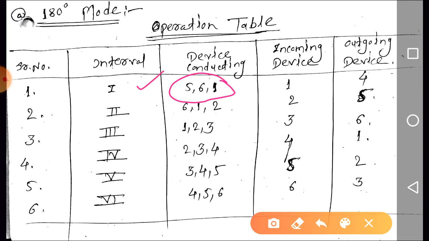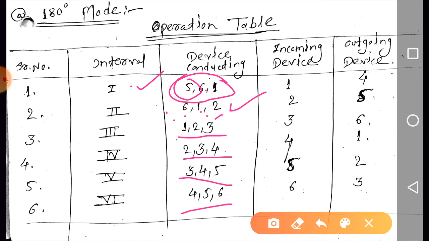During the second interval, S6 and S1 remain, and switch 2 is added. The outgoing switch at the end of the first interval is switch 5. For the third interval, switches 1, 2, 3 are on. For the fourth, 2, 3, 4. For the fifth, 3, 4, 5, and for the sixth, 4, 5, 6.